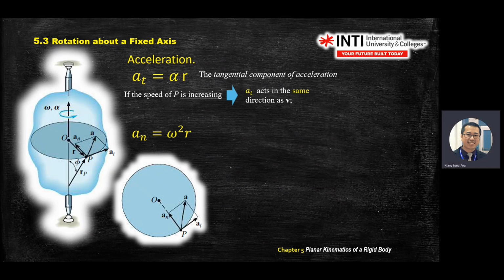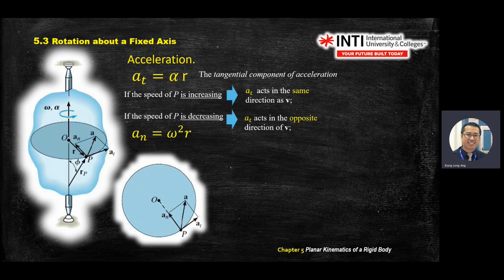This is just an explanation. When the speed or velocity increases, at will be the same direction as your vt. But if speed is decreasing, that means deceleration. Your acceleration will be negative, right?